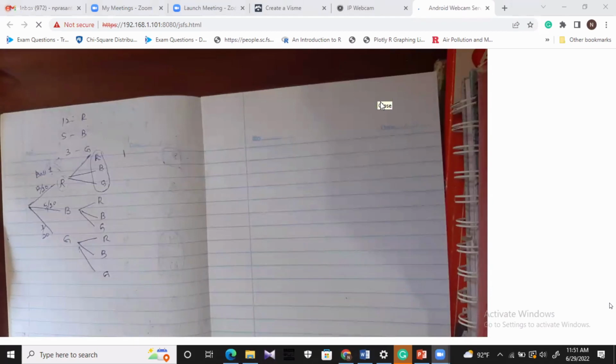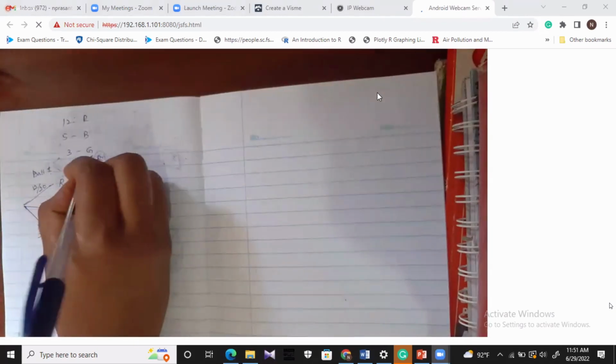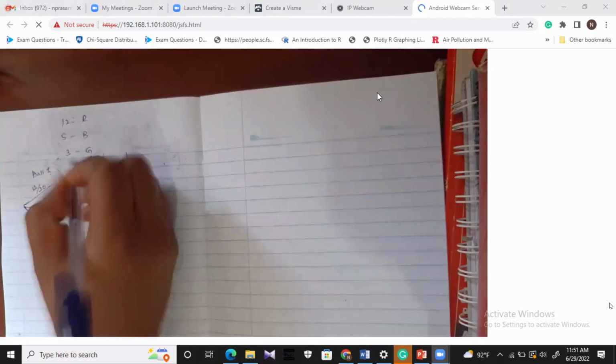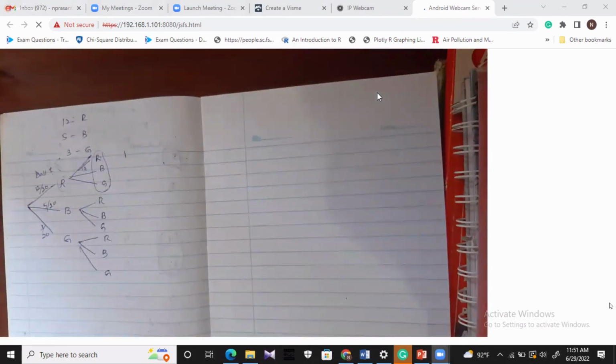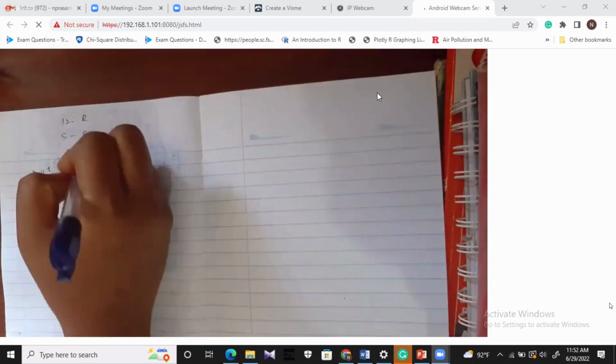Only 19 balls. Now, out of 19 balls, how many red balls are there? We have only 19 balls in the bag, right? Now tell me, how many red balls are there? 11. Yes, very good. That is 11. Why?